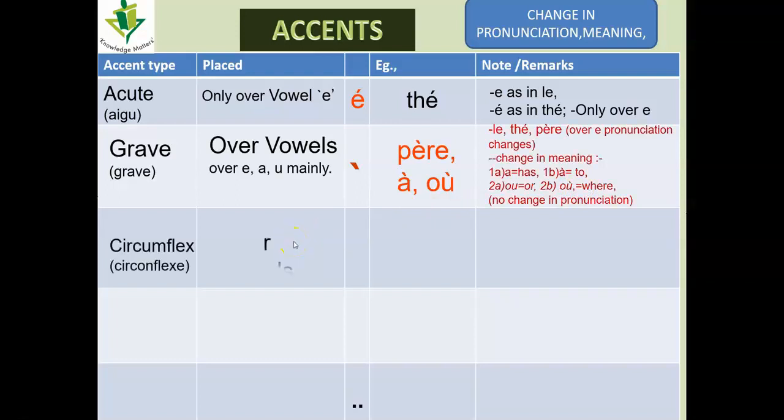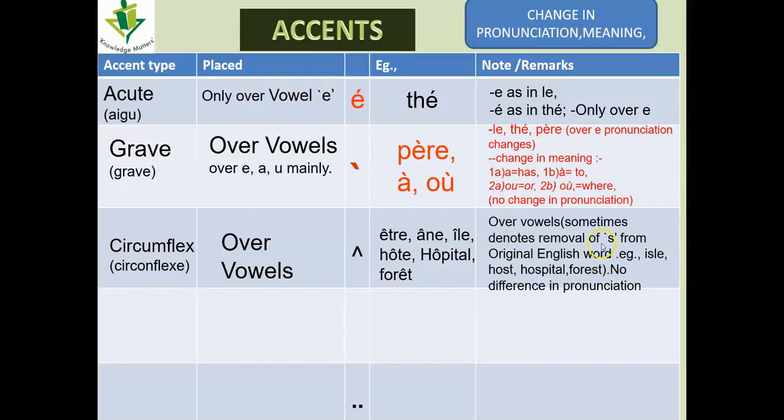Then we have the circumflex, which is a combination of both accents. It's also called le petit chapeau, a small cap. It comes over all vowels. There's not much change in the pronunciation. And it usually denotes the removal of an S from the original English word.